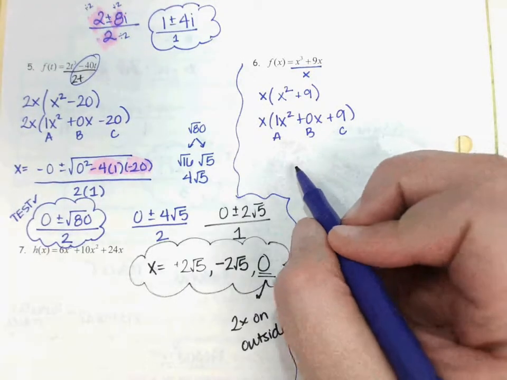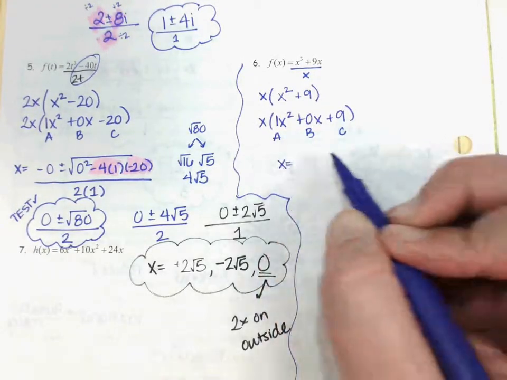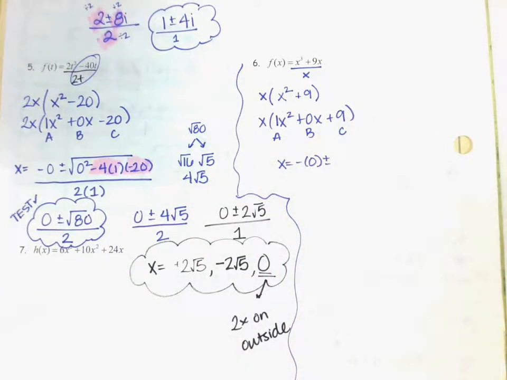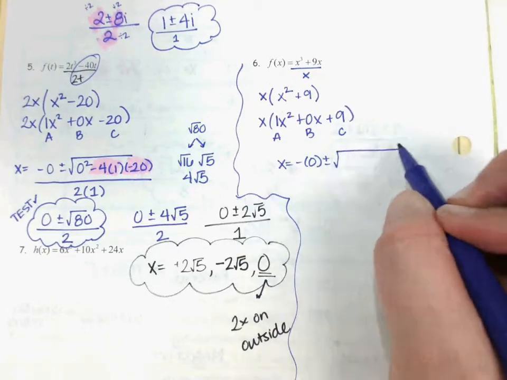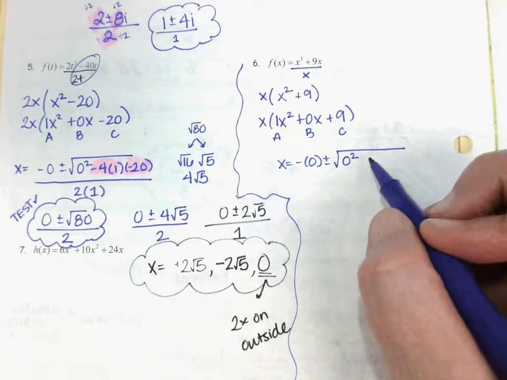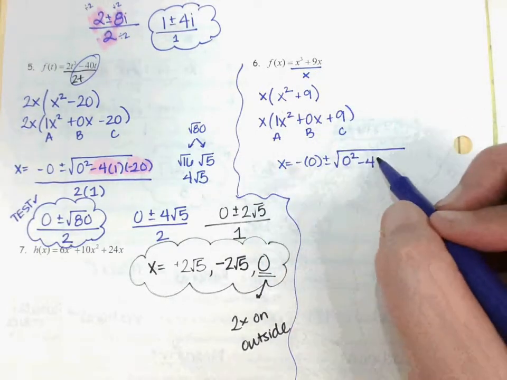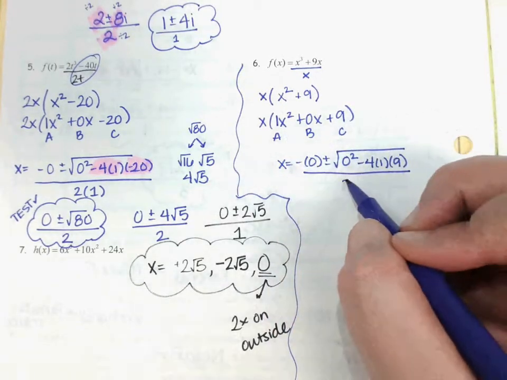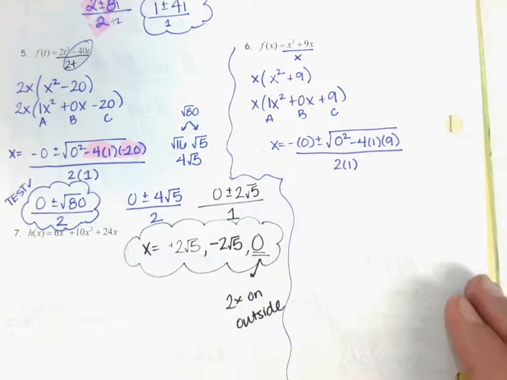Here we go. X equals negative b, which is a 0, plus or minus the square root. B squared is 0, minus 4 times a is 1, times c is 9. All divided by 2a, which is 2 times 1.